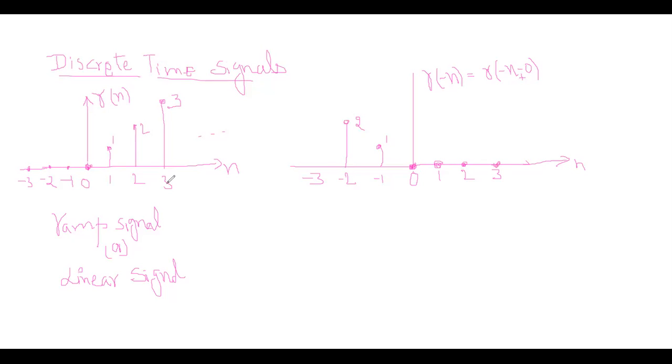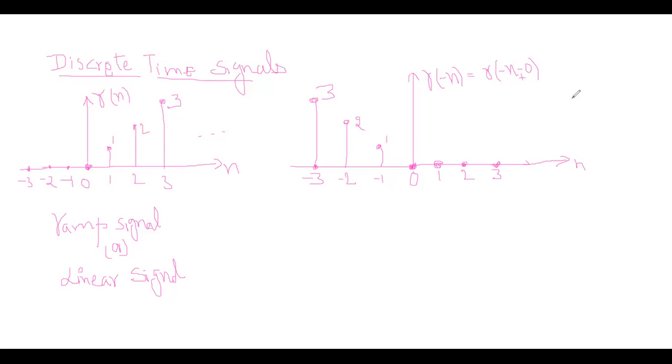And at positive n, r of n is 3, which will appear at minus 3 in r of minus n. Now, this is the folded function of r of n. The values on the positive axis move to the negative axis, and the values on the negative axis move to the positive axis.